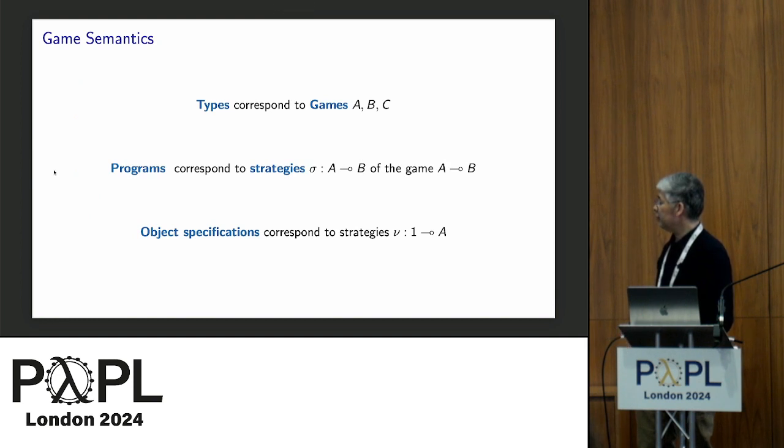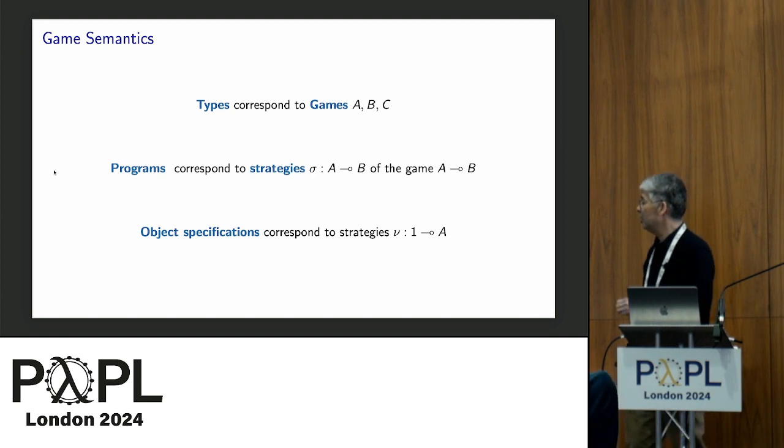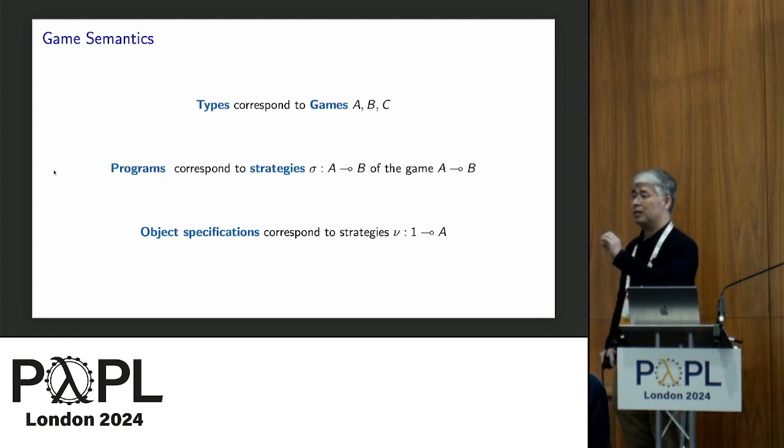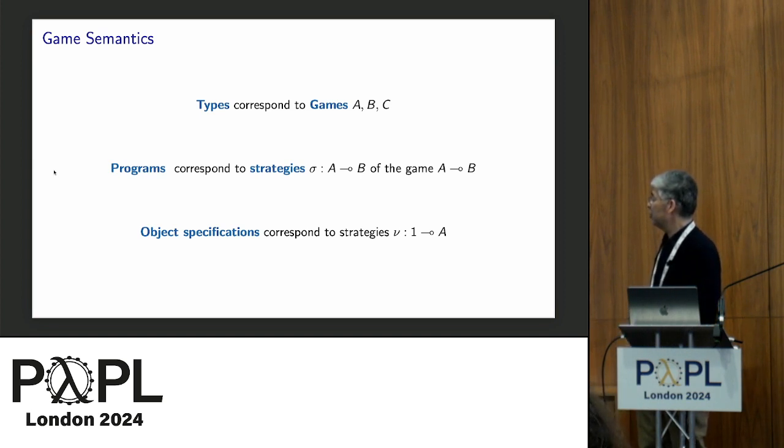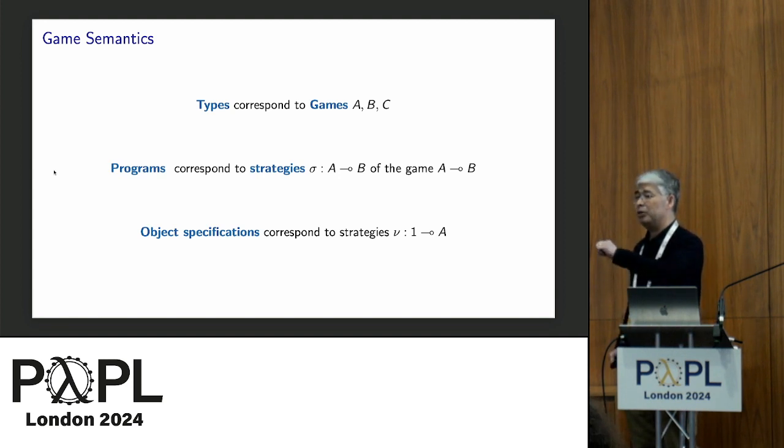So when I talk about types, they correspond to games A, B, C. Each of these games you could consider as an object with some methods. When you want to build program components, they correspond to strategies. Like when I say module N built on top of an underlay L1 implements the overlay L2, it's a game from L1 arrow L2.